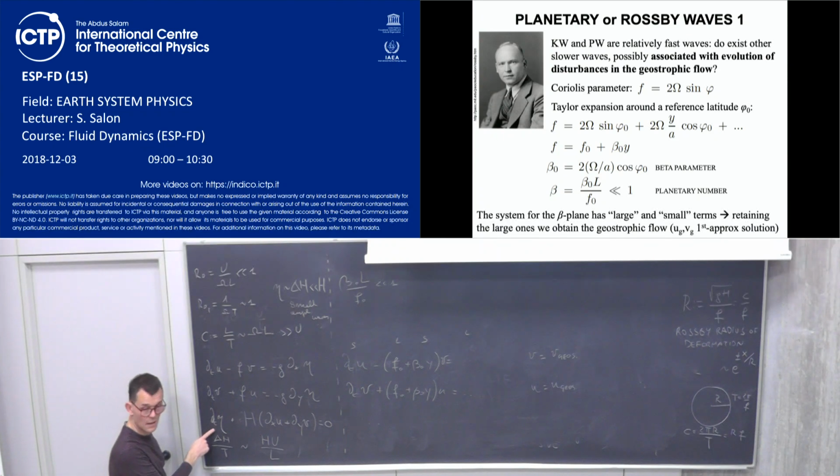And of course, the continuity equation will just remain equal to the divergence being 0 for the f-plane approximation, because this is a term which is much smaller. For example, we divide everything by h, and we just remain with the divergence free.